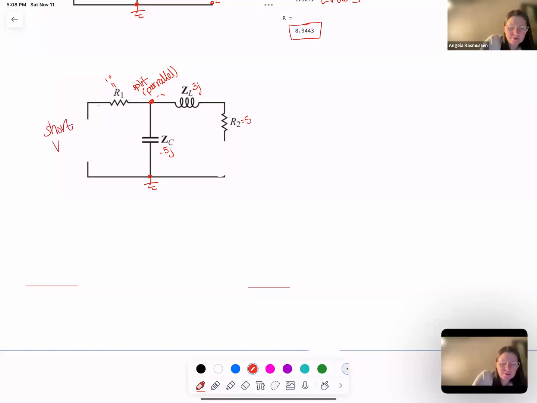So V equals 0, looks like a short. Then I put my A and B, and I'm trying to find the pathway from A back to B.